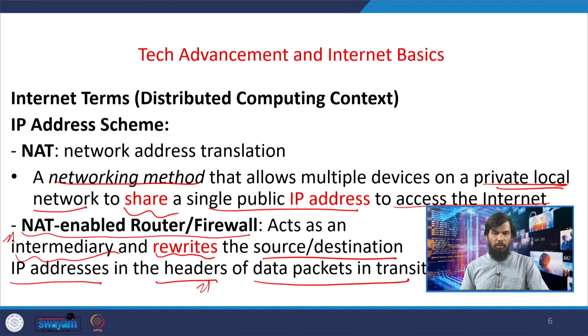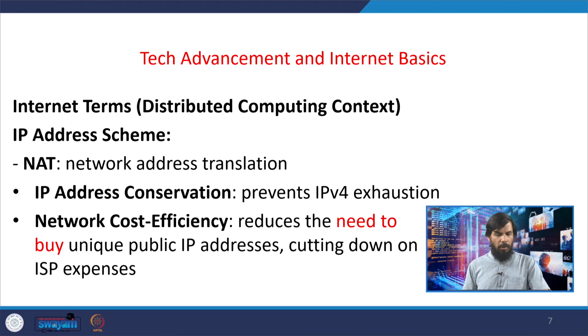The NAT enabled router or firewall, which is acting as a gateway, as an intermediary, will actually rewrite those entries, because it is the same single public IP address that is shared. So, that rewriting of those entries will happen, and then it will be doing the translation. Whenever a packet is coming back, then again this gateway will do the rewriting, right.